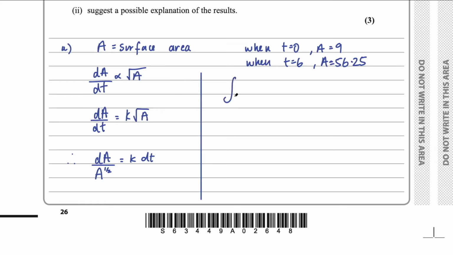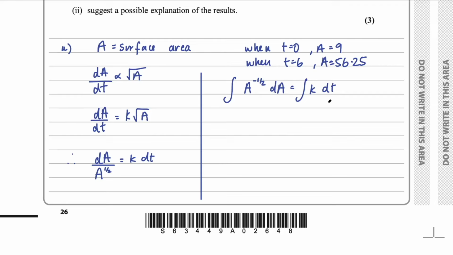So we would have the integral of 1 on A to the power of a half, dA, which could also be written as A to the negative a half, dA, and the integral of k dt. So these two expressions are equivalent, right?